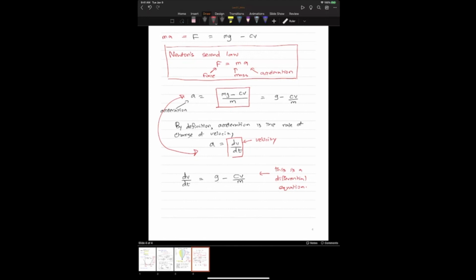So the analytical solution, for your information: remember, we are always solving for v. So v(t) is gm over c times 1 minus e to the minus c over m times t. So that's the analytical solution.